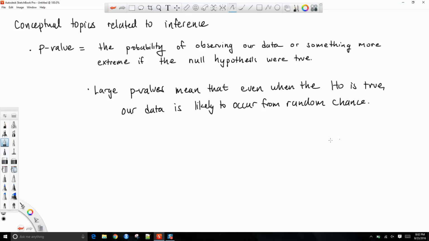And this means we don't want to throw out that possibility. Because it is likely to occur from random chance alone, we would not doubt the null hypothesis.